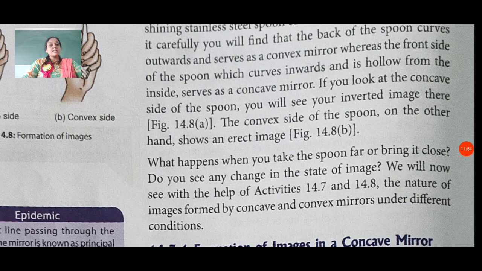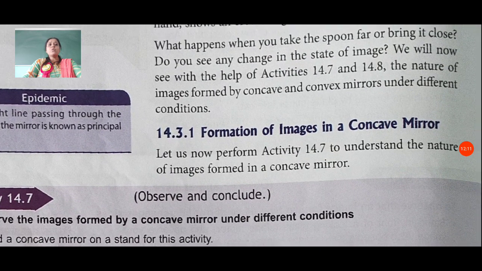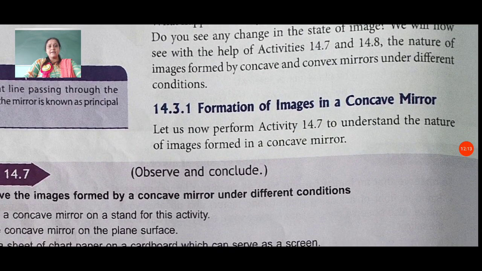We will now see, with the help of activities 14.7 and 14.8, the nature of images formed by concave and convex mirrors under different conditions. We have again activity 14.7 and 14.8.